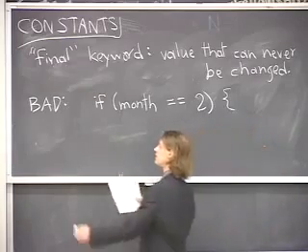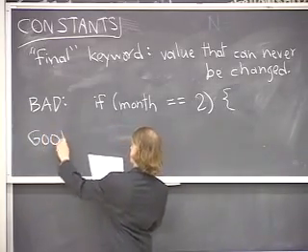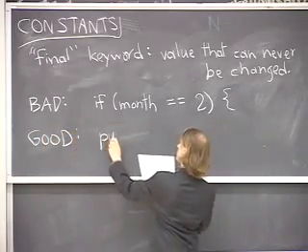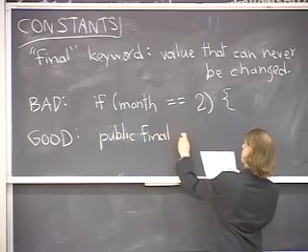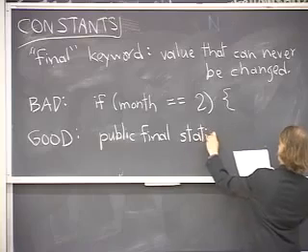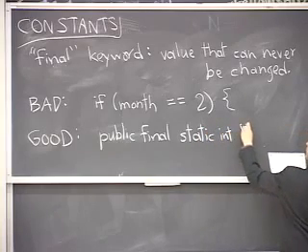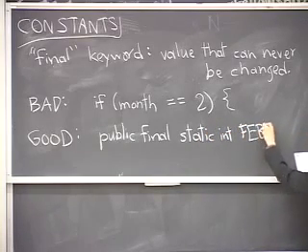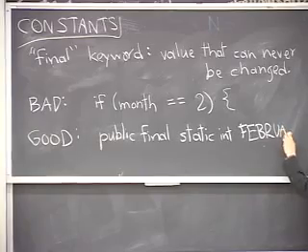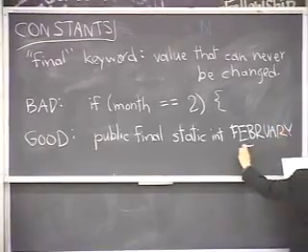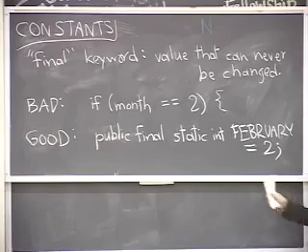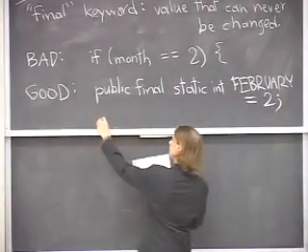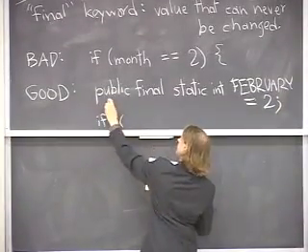So to avoid that possibility, somewhere near the top of the class, you define a final static constant, and you give it a name that's meaningful, hopefully to other people reading your code in the future, and you use an initializer to initialize it to some value. Then, everywhere else in your code, this is much later.